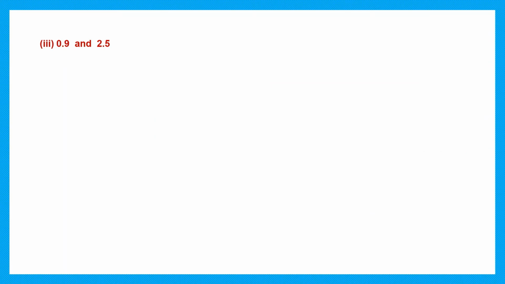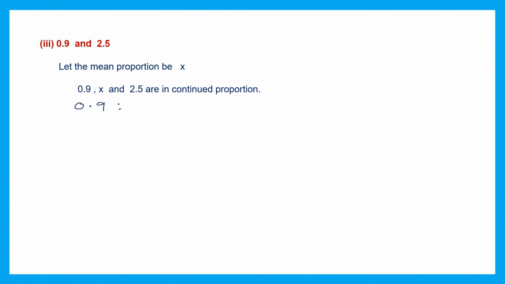Next question, 0.9 and 2.5. So let the mean proportion be x. So that means 0.9, x and 2.5 are in continued proportion. So my ratio will be 0.9 is to x equals x is to 2.5.